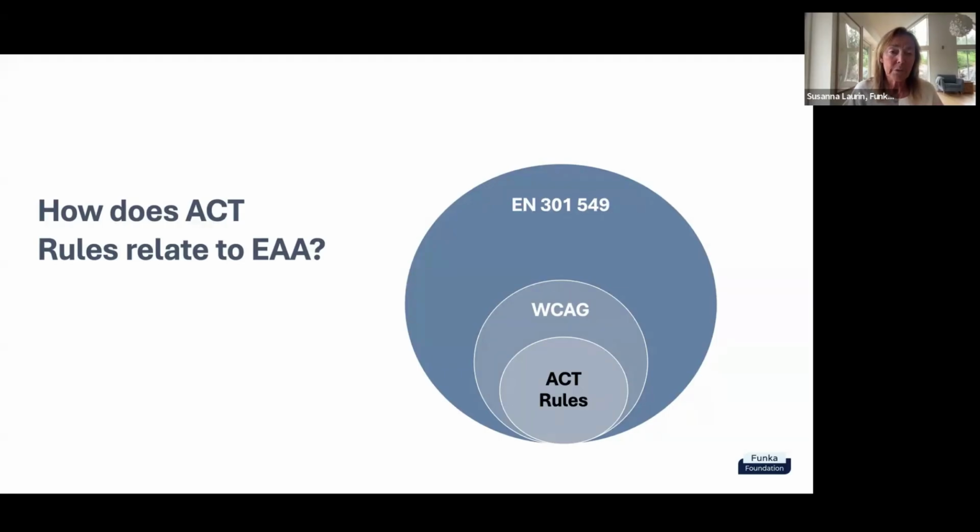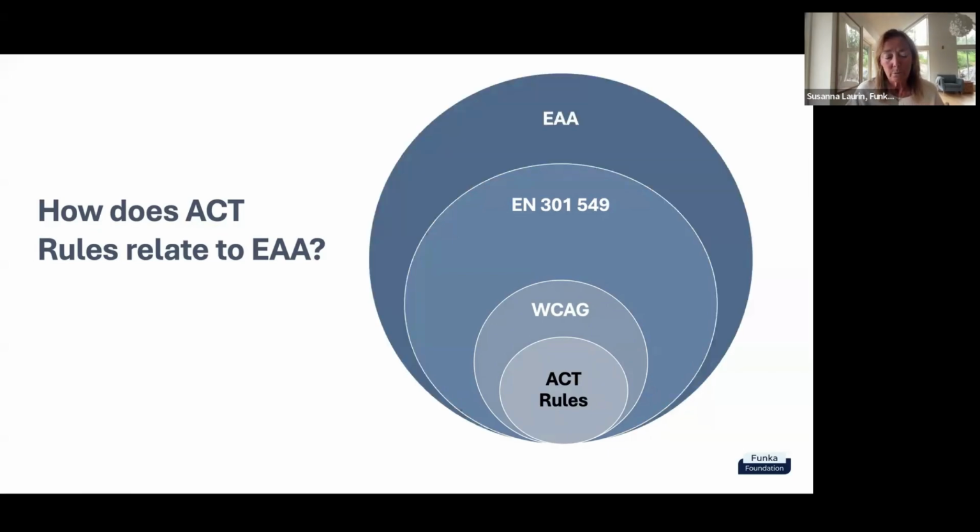And then, of course, there are also other harmonized standards coming up to cover the EAA. So not even the EN 301549 is enough to meet the European Accessibility Act requirements. But also, as we tend to say many times, the requirements are actually in the Act itself.